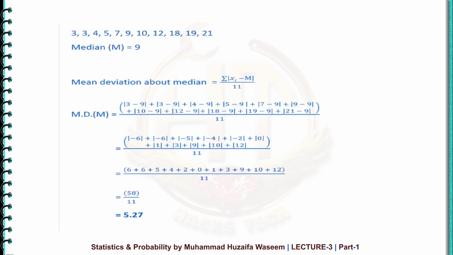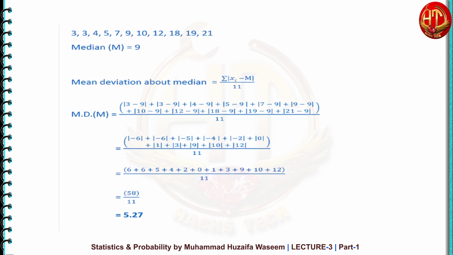Now your median answer is 9. After calculating the median value, you have to calculate the mean deviation about median, which is equal to the sum of absolute deviations from the median divided by the total number of observations. Your total number of observations is equal to 11. After that you have to calculate the sum of absolute deviations from the median. How can you calculate it?